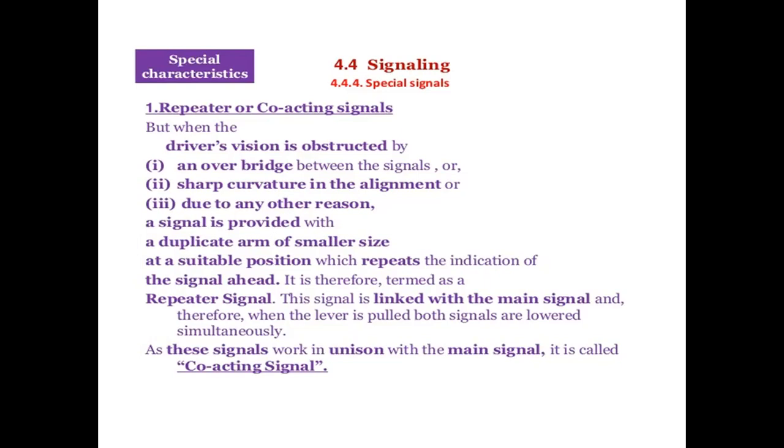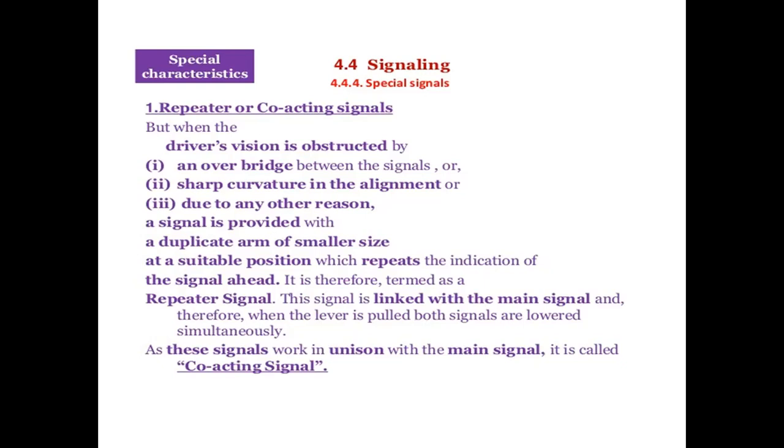This repeater signal is very useful when the locomotive is crossing over and the vision of the driver is obstructed by an overbridge or by a sharp curvature or by any other reason.